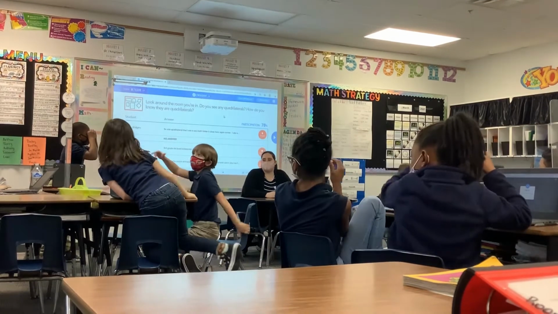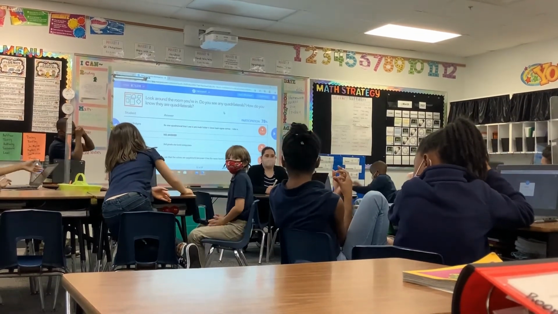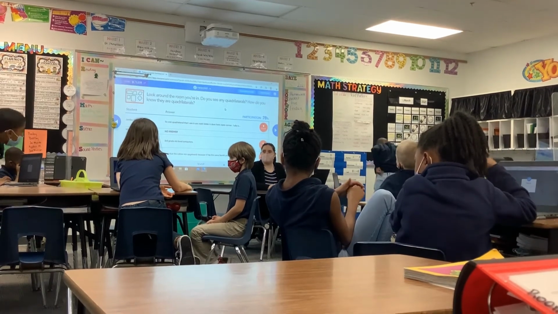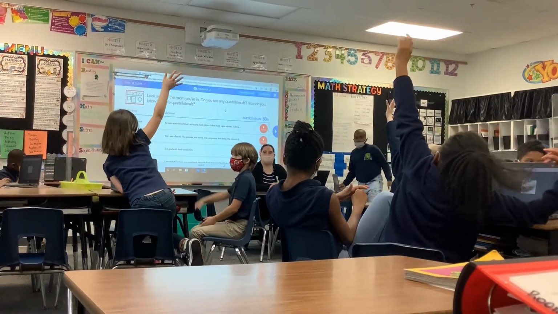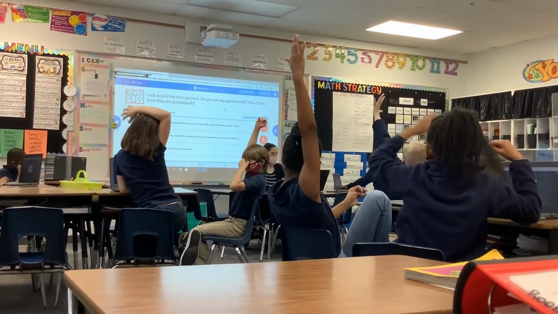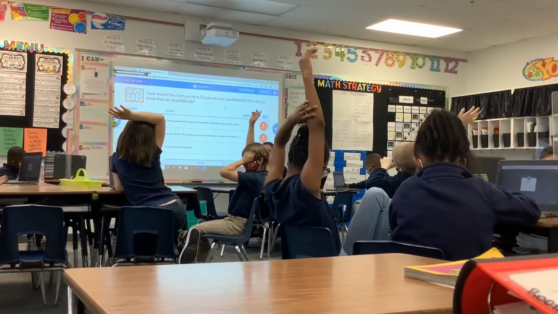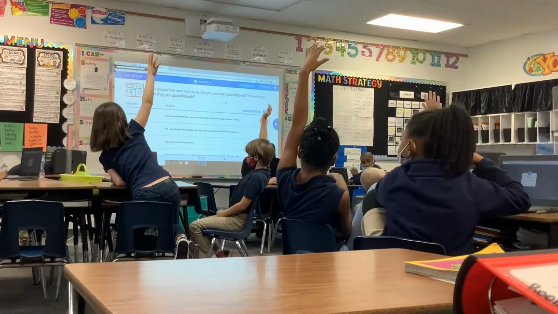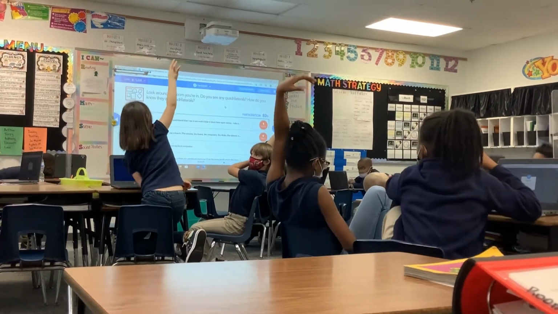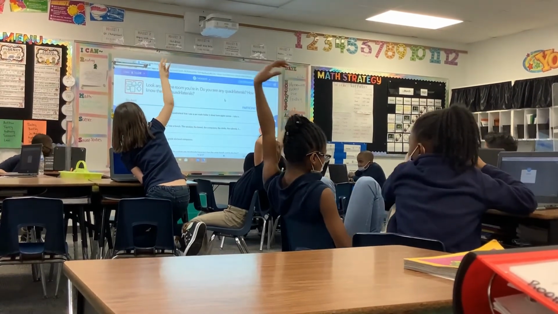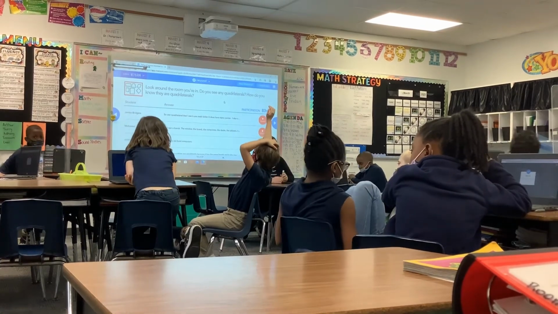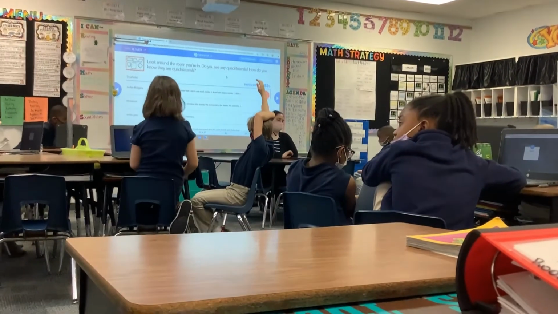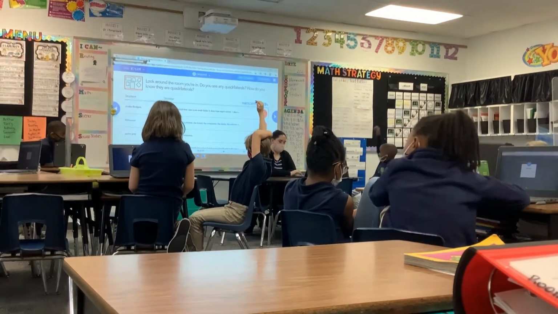Lexi, why are all these things quadrilaterals? Because they have 4 sides and 4 angles. Not the same length, 4 sides, yes. On a quadrilateral, not every side is the same length, like on our trapezoid and a rectangle. Una? It's 4 sides and 4 angles.